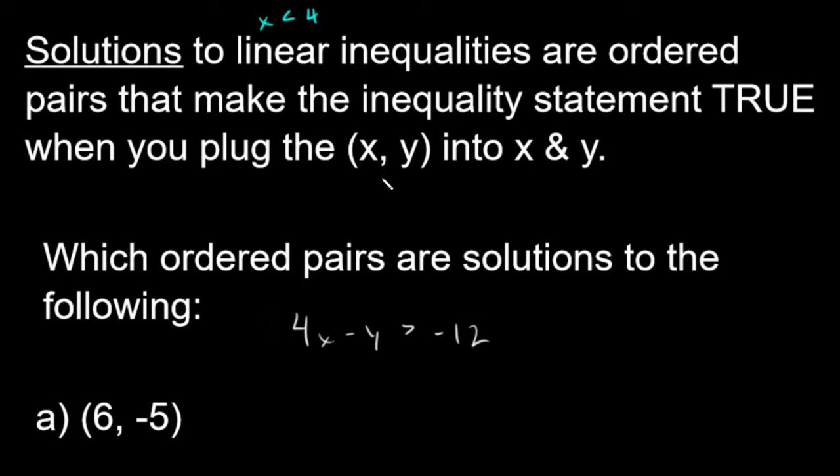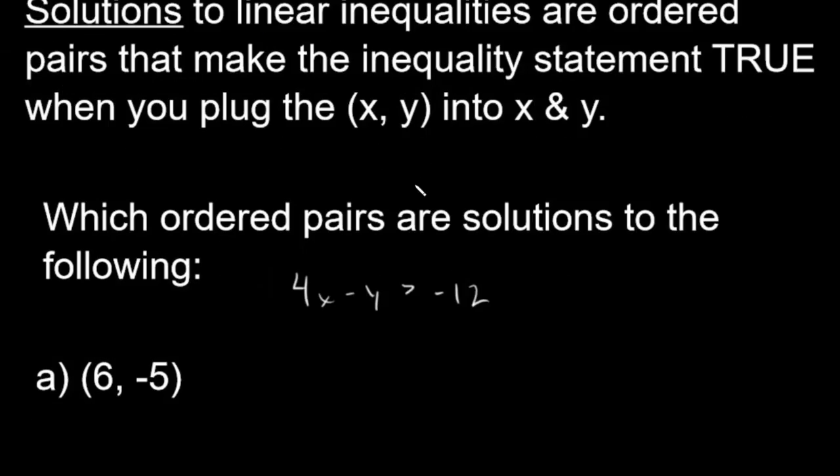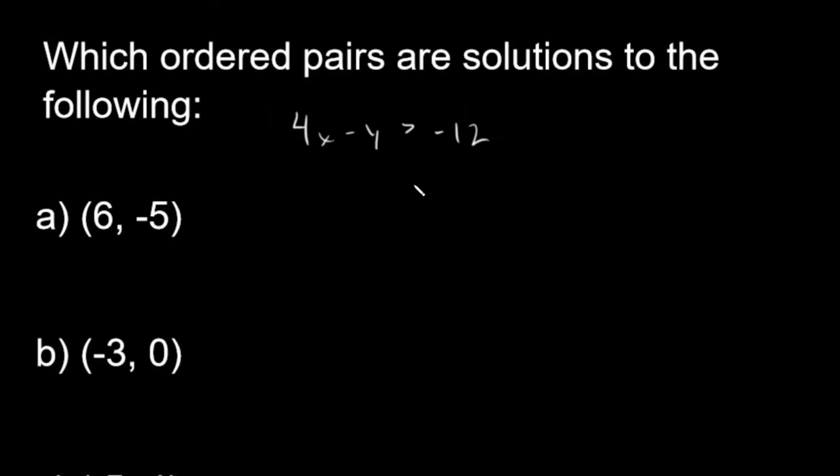So here you've got an inequality statement. You've got 4x minus y is greater than negative 12. This is asking, which of these ordered pairs are solutions to the inequality? And this ordered pair is 6, negative 5.